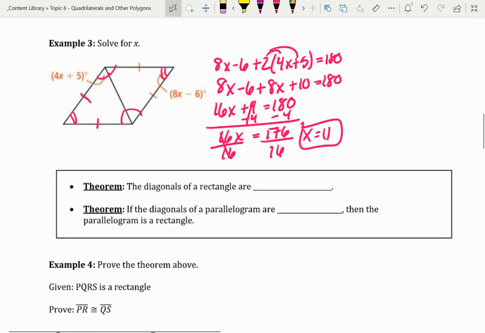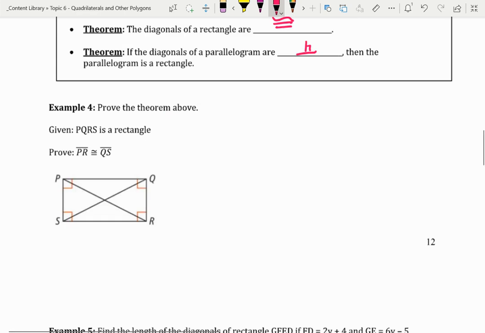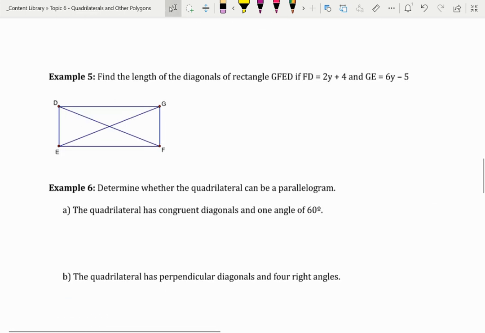All right, the next one. The diagonals of a rectangle are congruent, and if the diagonals of a parallelogram are congruent, then it is a rectangle. We're going to skip example 4 because, again, that's another proof, but we're going to look at example 5.